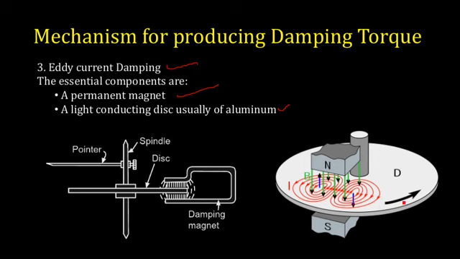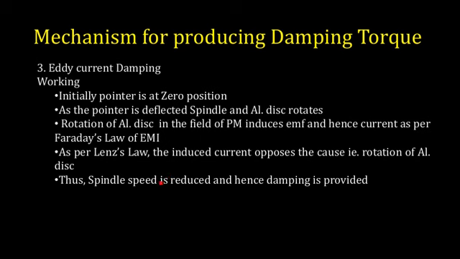The cause is the rotation of the aluminum disk. So these currents will be opposing the rotation of the disk, and your disk will be brought to the steady value, or the oscillations will be dampened out. Thus, the speed of the spindle is reduced and damping is provided.